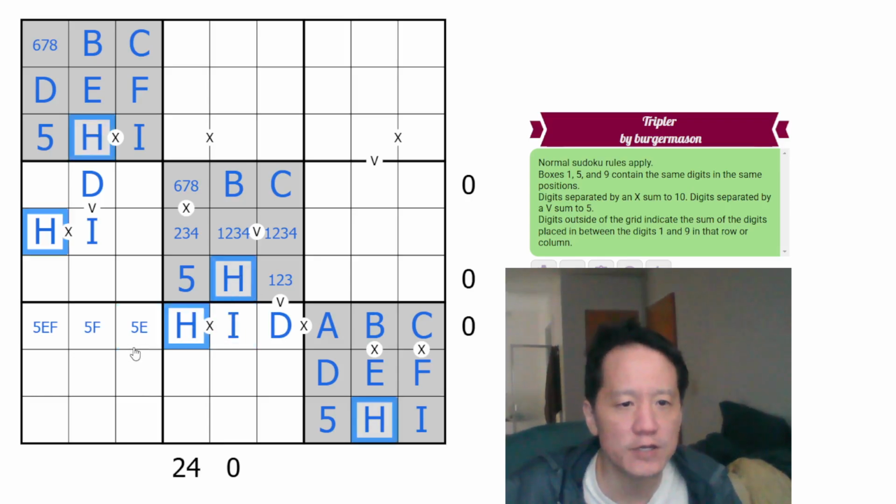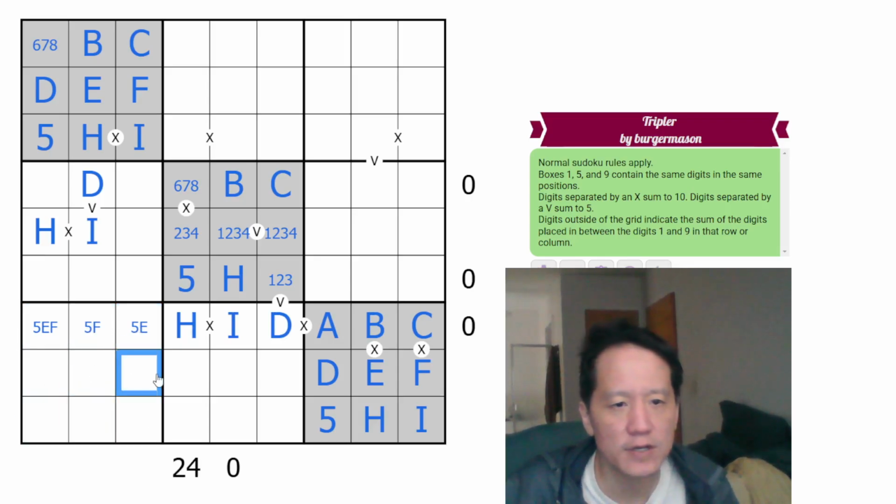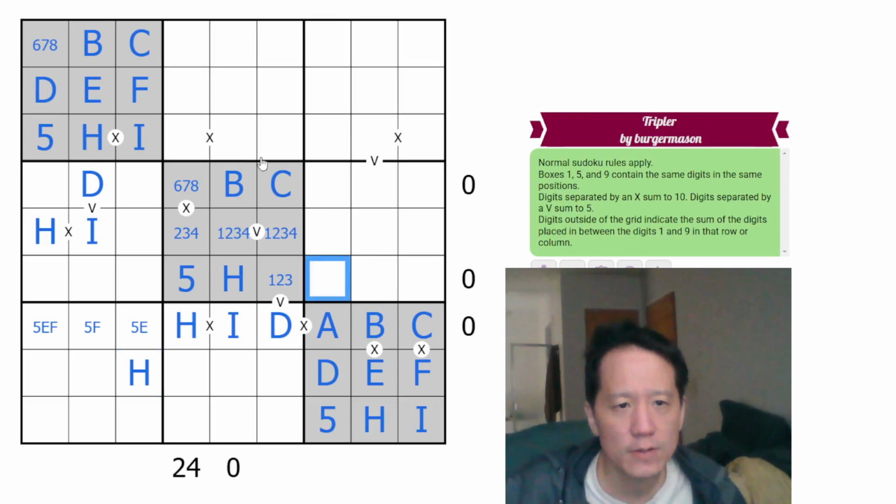Where is the H in box 7? It has to be here. So this is an H. Okay.